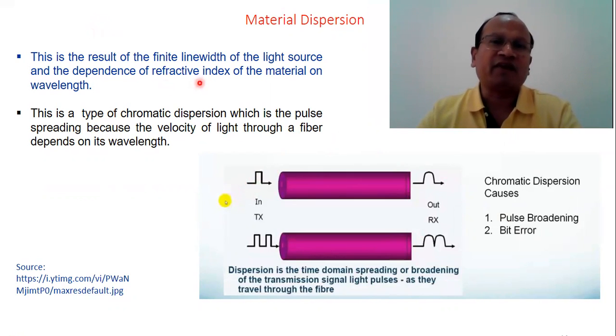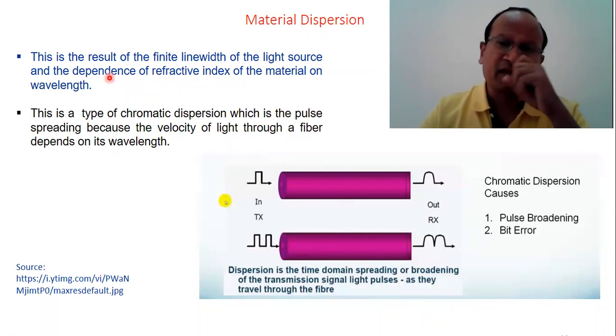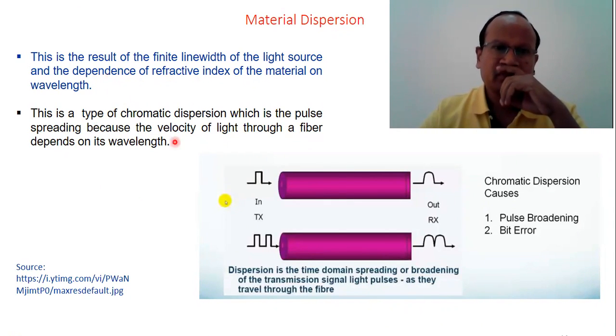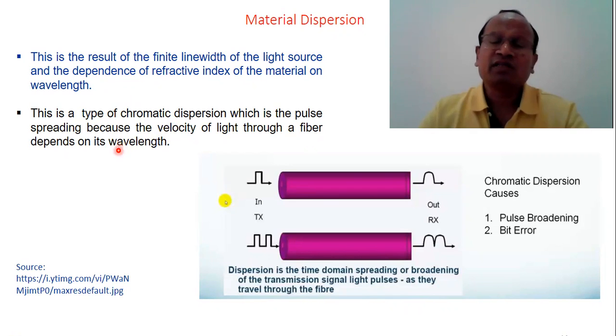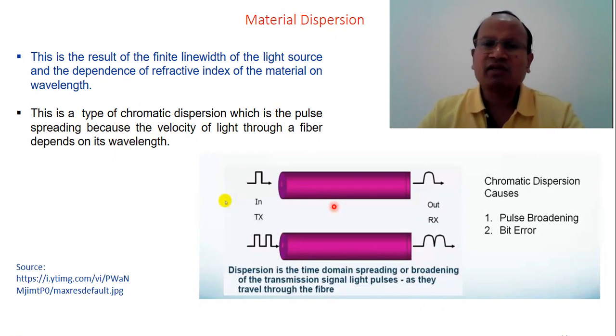This is a result of the finite line width of the light source and the dependence of the refractive index of the material on the wavelength. There is a type of material dispersion called chromatic dispersion, and the pulse spreading takes place, and the velocity of light through the fiber also depends on the wavelength. So the pulse broadening is taking place.